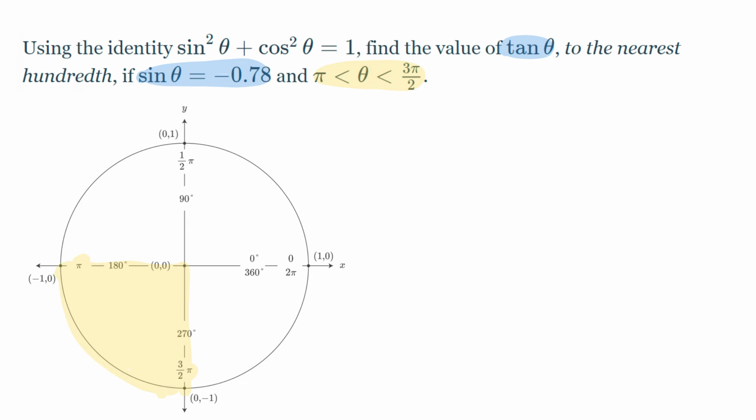Tangent's positive in the odd numbered quadrants, 1 and 3. Tangent is going to be a positive answer. So even if I don't know anything about what I'm supposed to do here, I should be able to determine that tangent is equal to a positive number. And remember, tangent of the angle is equal to the y value divided by the x.